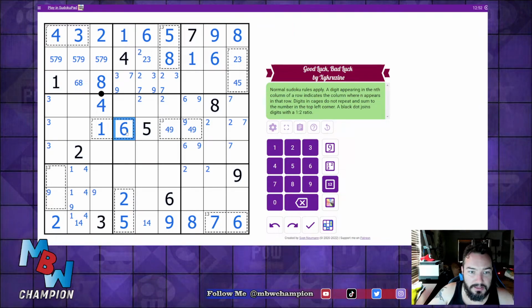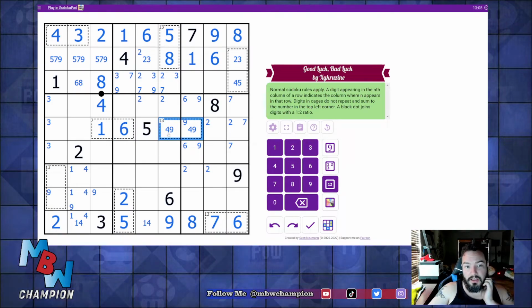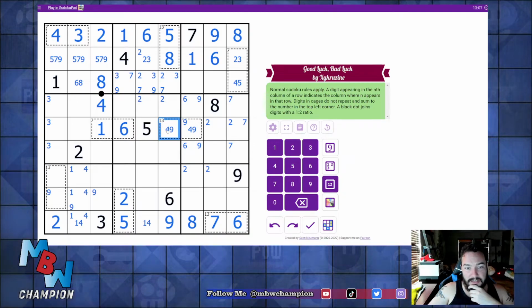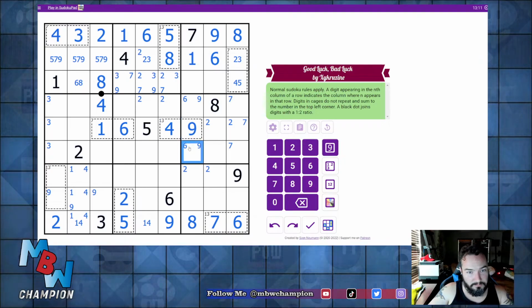And it can't be a 6-7 because it's seeing it right there. So in fact, this is the only way to get the sum of 13 on this row. However, the 9 is seeing this, so we know that this is the 4 and this is the 9.